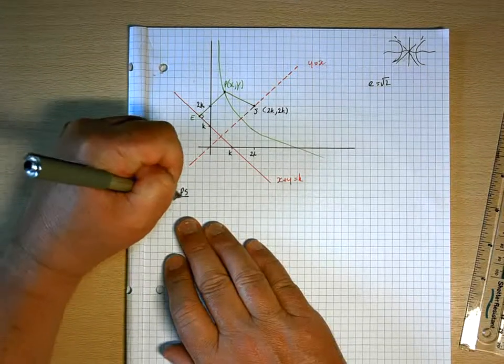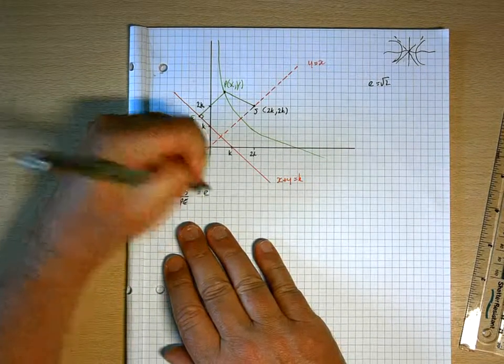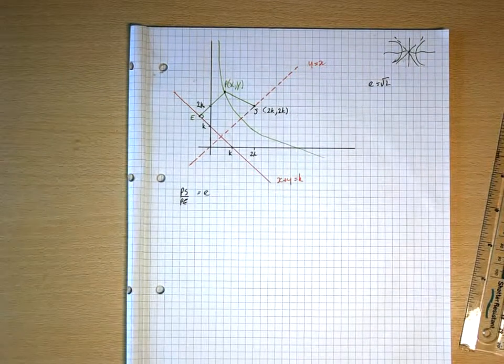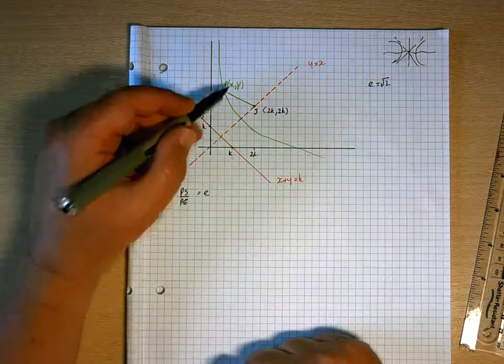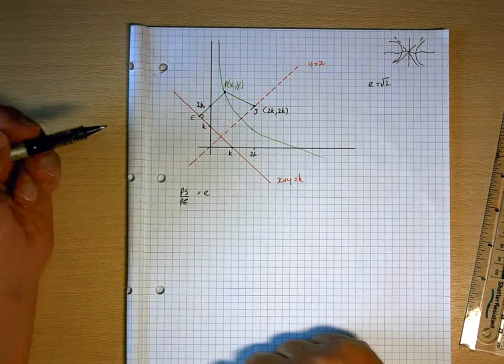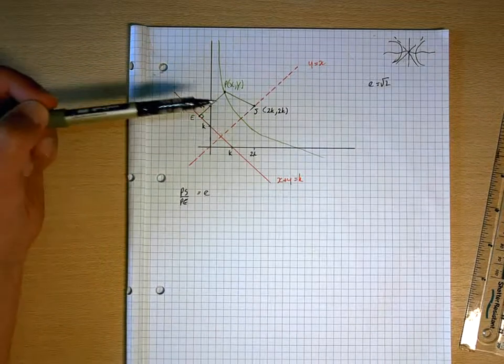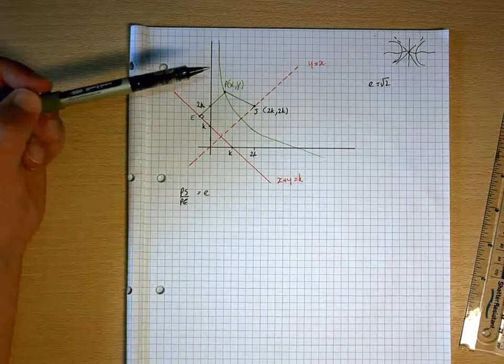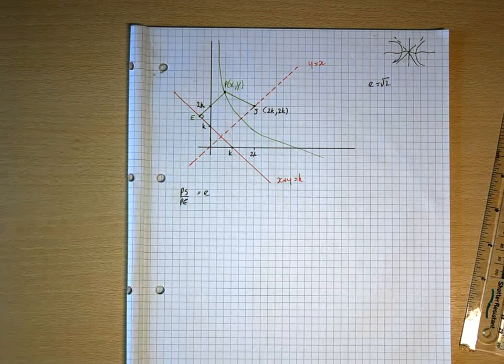So that is the ratio that will actually get us a line of maths that we can use. So the distance PS over the distance PE equals the eccentricity, and in this very specific case with a rectangular hyperbola, the eccentricity is equal to root 2.